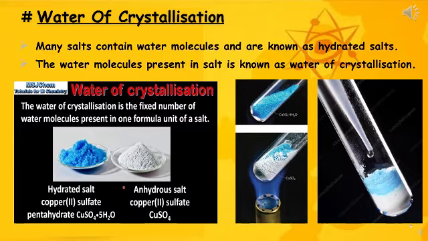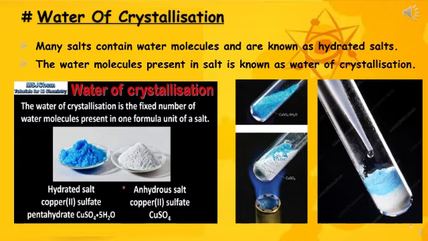Now it does not have the water of crystallization. It becomes anhydrous, without water, and if we put water in it again, you will see that its color changes from white to blue. So the fixed number of water molecules present in one formula unit of a salt is called water of crystallization.